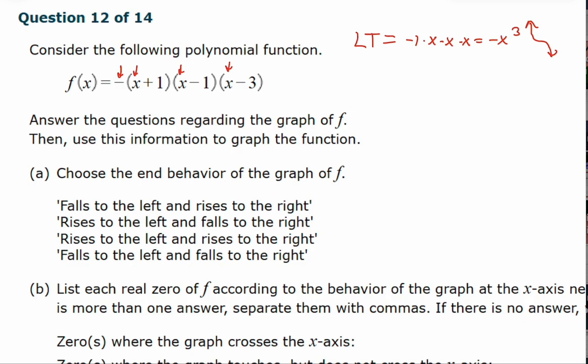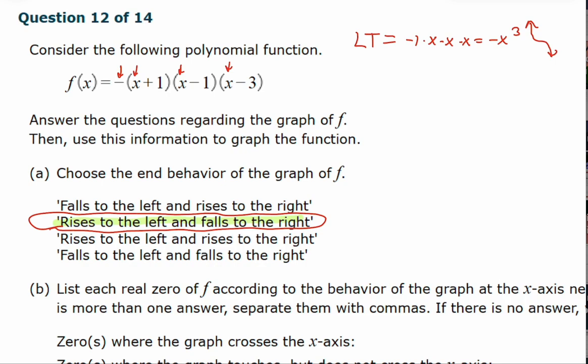So I know that the left end is rising, but the right end is falling. So we're talking about this one right here. It is rising to the left and falling to the right. So that's what the lead term tells us.